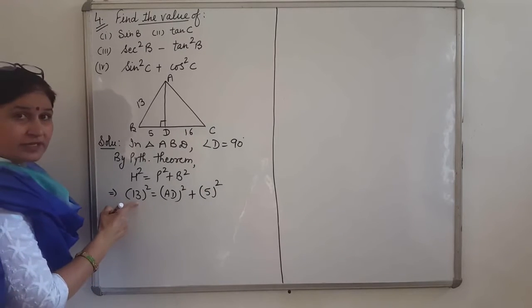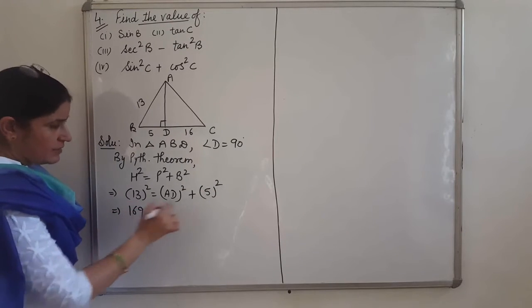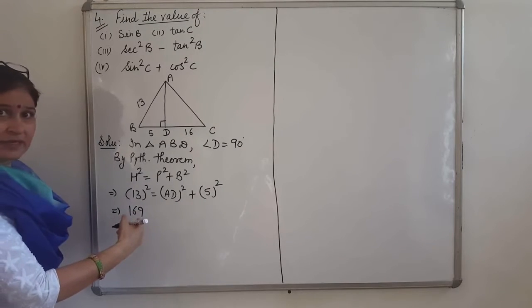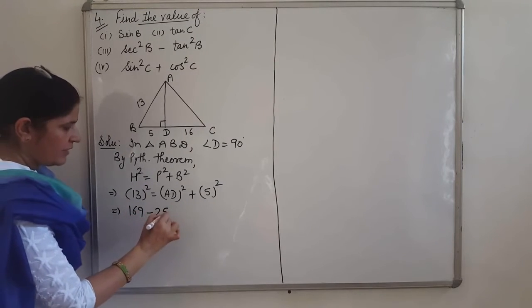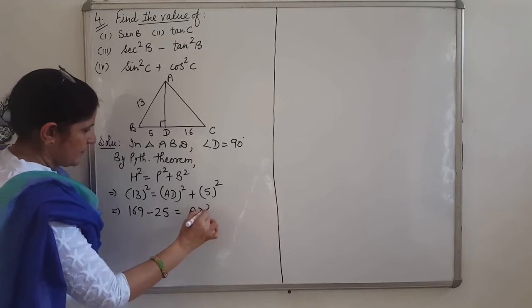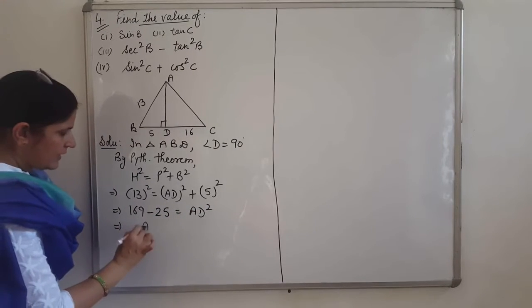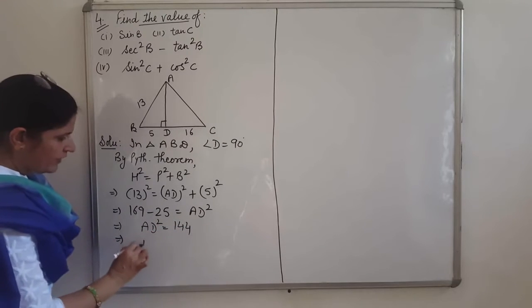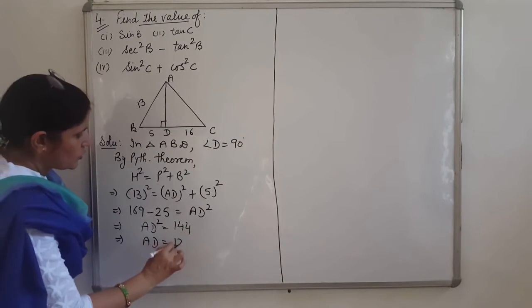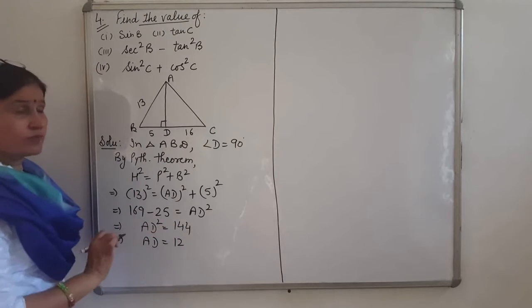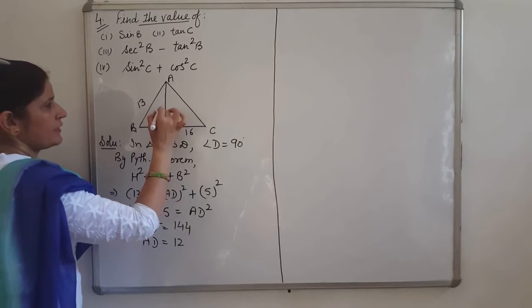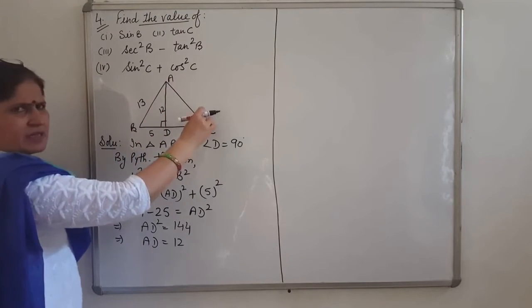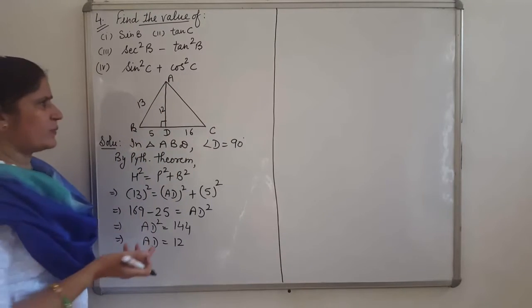So square of 13 is 169, square of 5 is 25, and this will come in minus. When you subtract, AD square is equal to 144, and the length of AD is the square root of 144, which is 12. So this we have calculated: 12. If we require AC we use it, otherwise let it be.